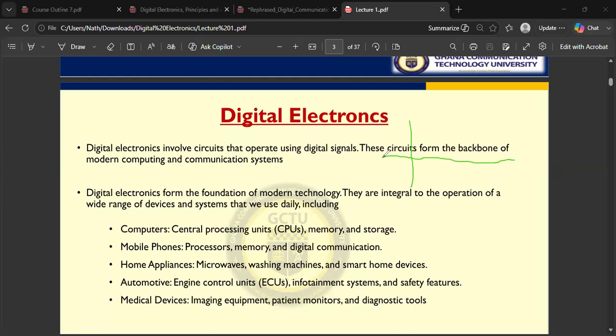So this is an analog signal. What analog signal means is that it has continuous amplitude and continuous time.